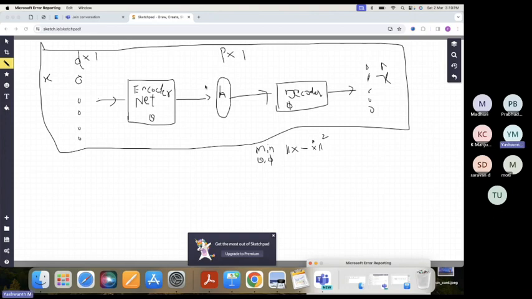Not just compressing inputs, it learns some complex features about the data, such as images.